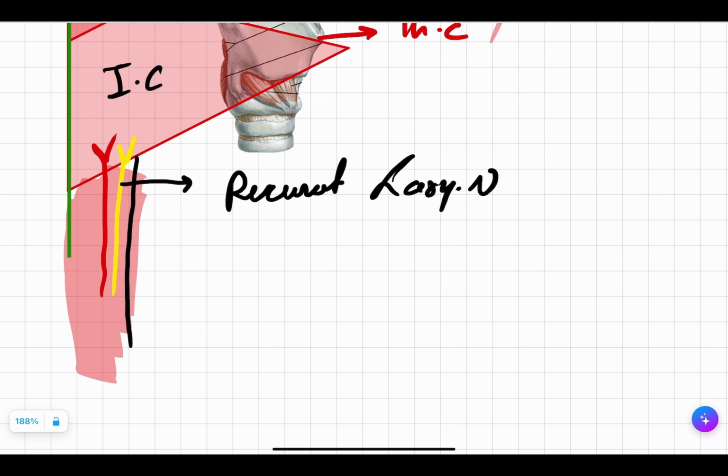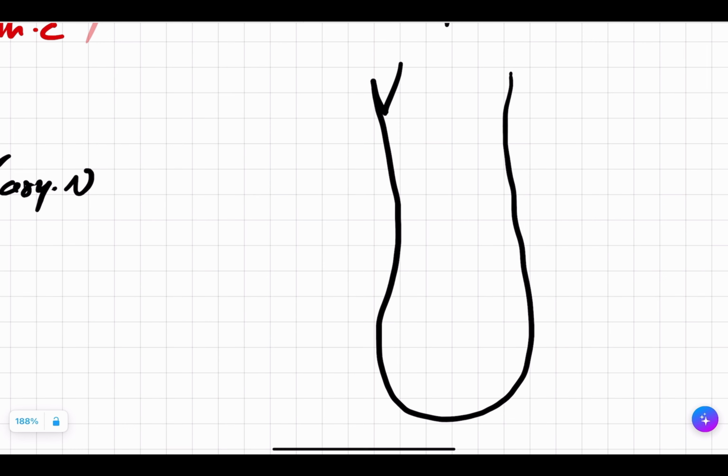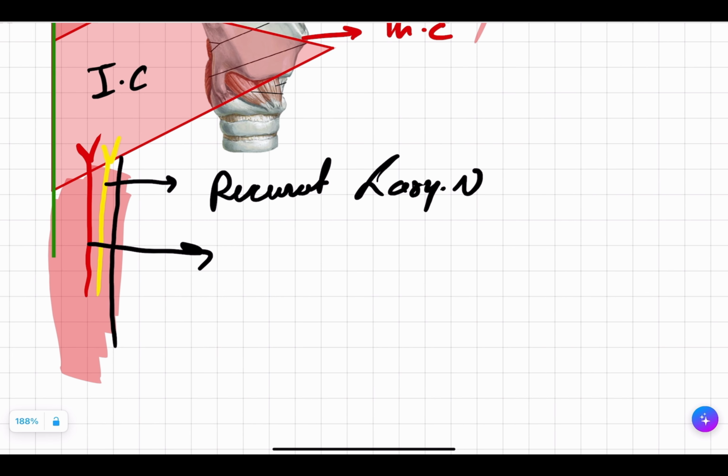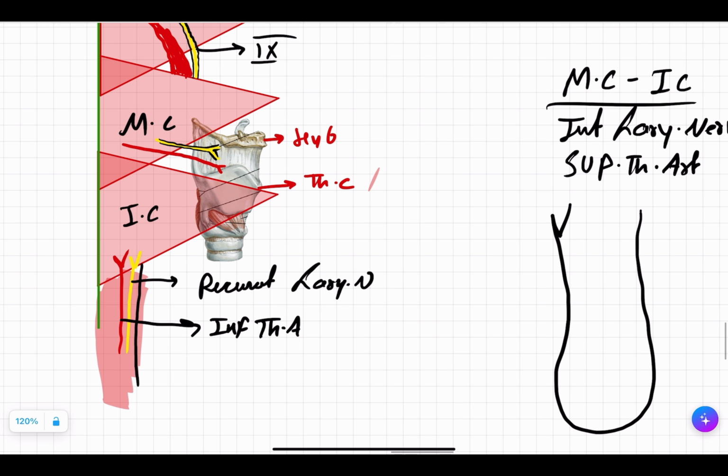Why recurrent? Because this is a vagus nerve. It will go inside your thorax and it will come above. So recurrent laryngeal nerve. And the another artery is inferior thyroid artery, because this is coming from below the thyroid. So superior thyroid artery here, this one is superior thyroid artery and this one is inferior thyroid artery.